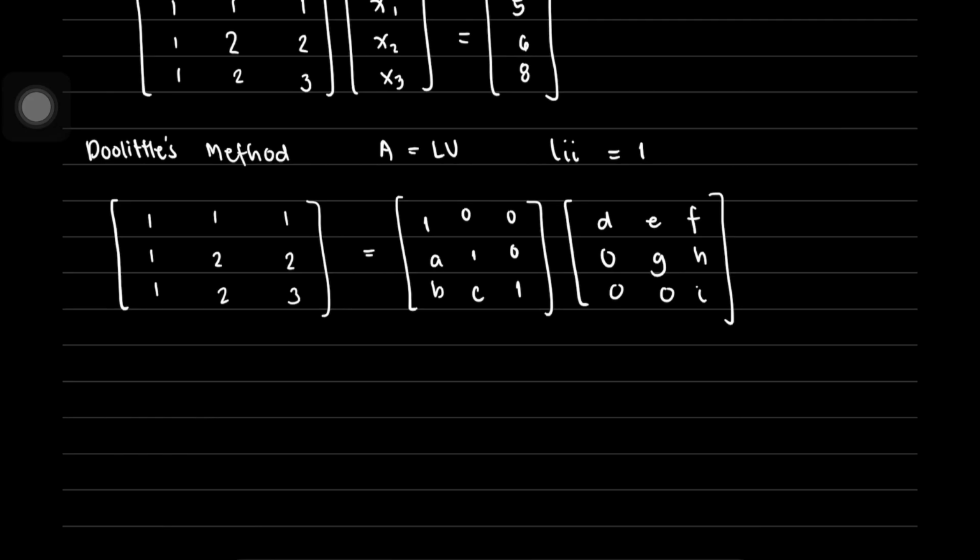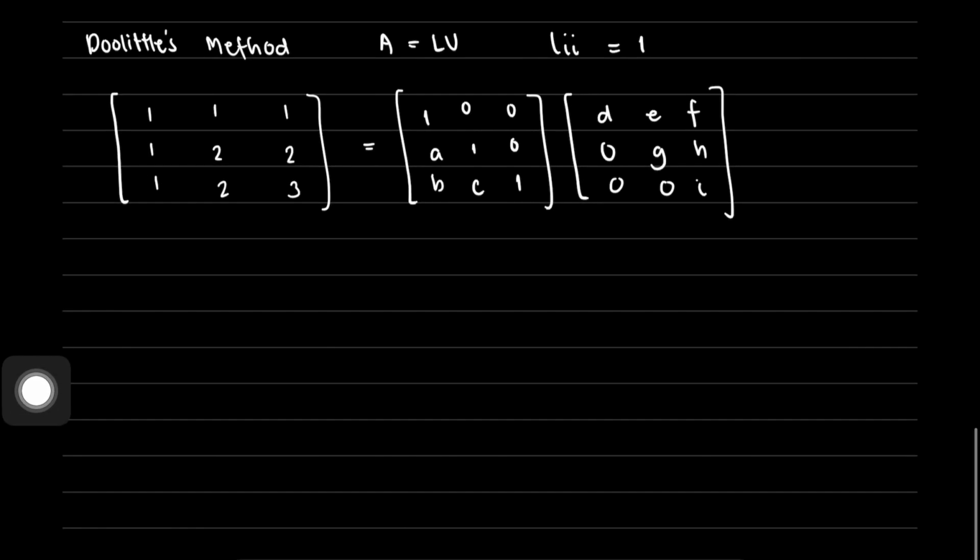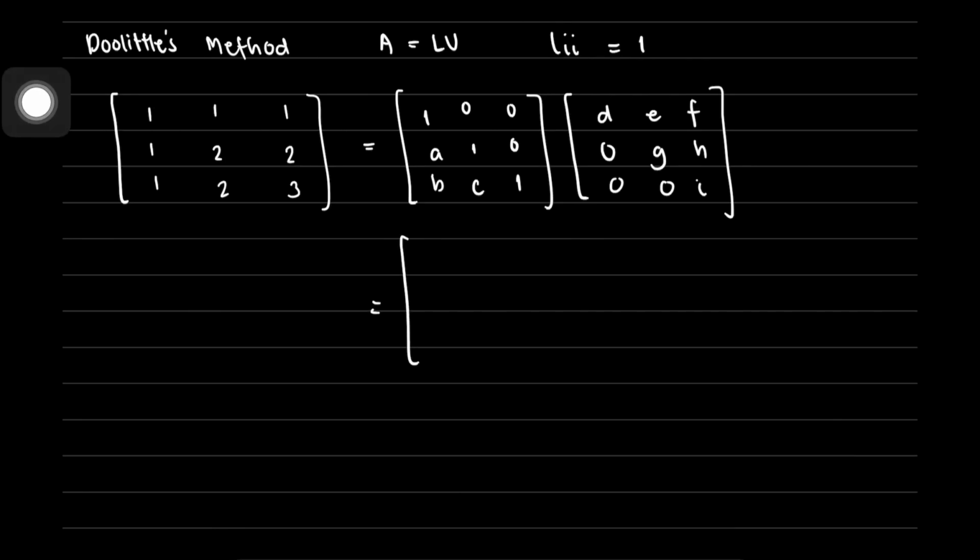So what we can do here is perform multiplication of the matrices, and then equate the resulting element here to the given element of matrix A. If we multiply this lower triangular matrix with the upper triangular matrix, for the first element, we take the first row multiplied by the first column.